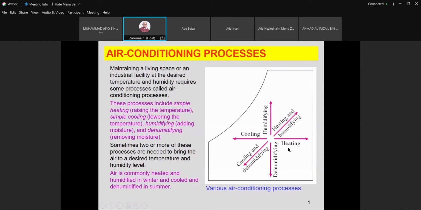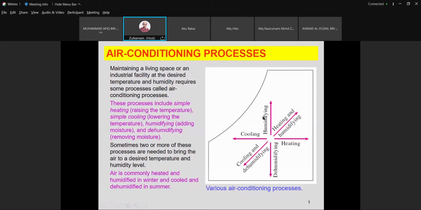Okay, and then we have another type of process, up and down, whereby we have a change of the omega value. If we have a humidifying process going up from the initial state, it means that we are going to change the omega value.